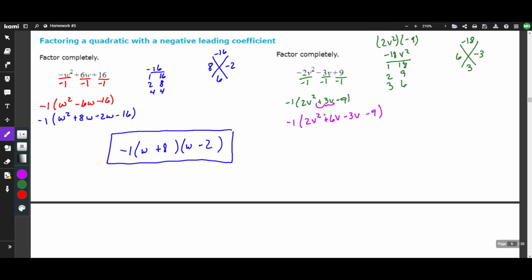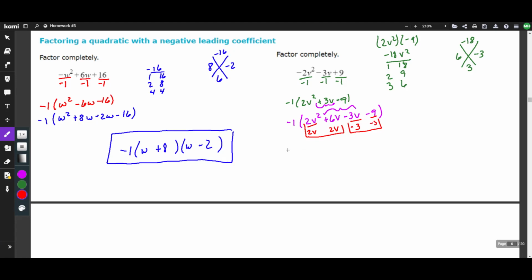So factors switched. And now I can factor it by grouping, 2 terms at a time. I'm looking at these 2 and these 2. So I can take out a 2V, and I can take out a -3. Remember, if it's starting out with a negative, I want to start with that.